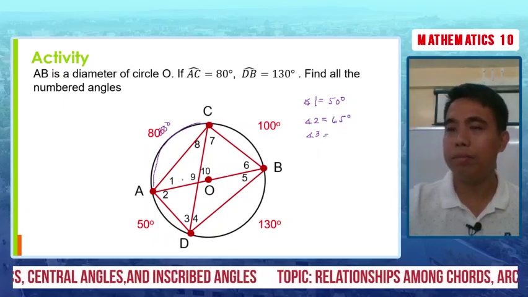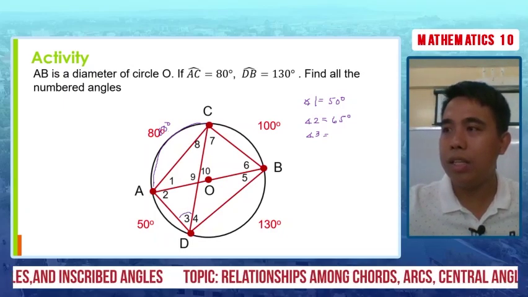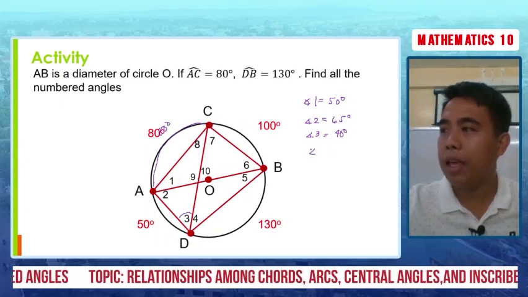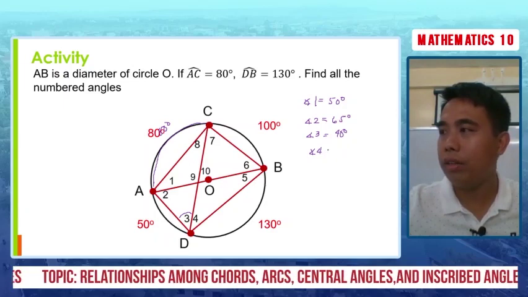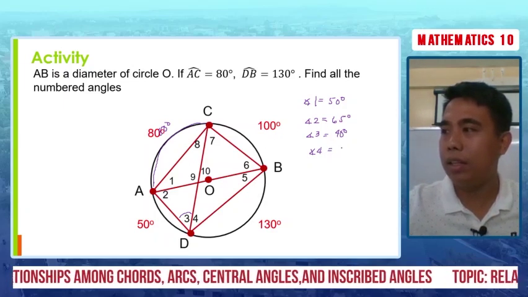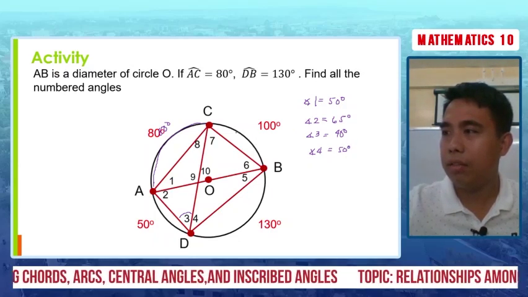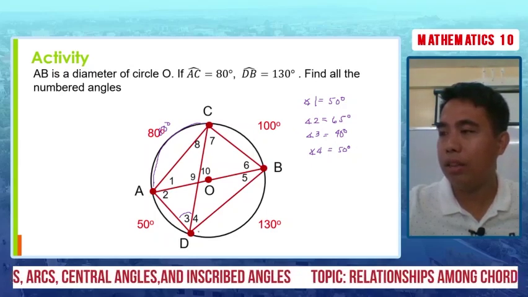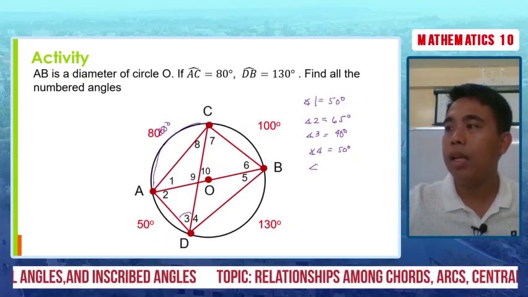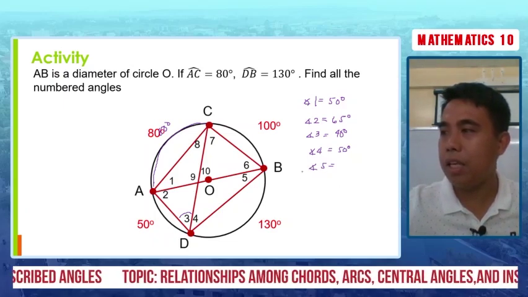Angle 3. Where is angle 3? Intercepting this arc, 80, therefore it is 40 degrees. Angle 4, intercepting 100, therefore that is 50 degrees, because 100 divided by 2 is 50. Angle 5, its intercepted arc is 50.